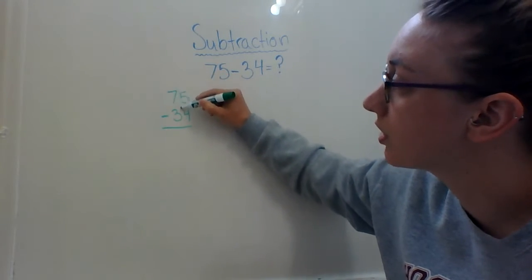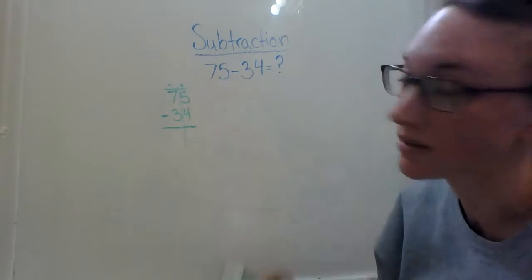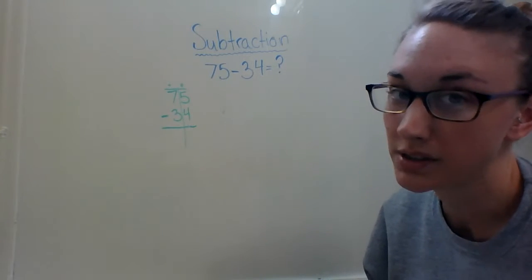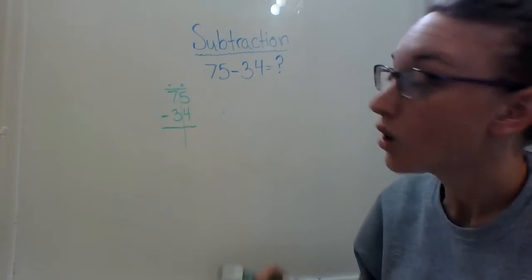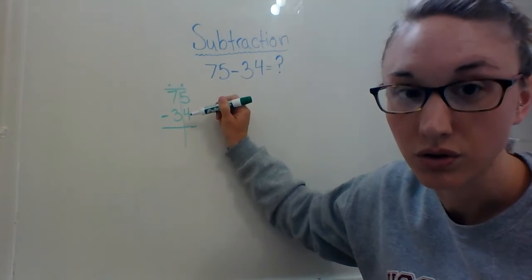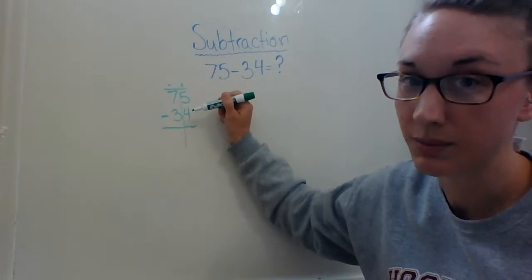Some of you like to draw your place value chart and have your ones and your tens there. If that helps you, go ahead and do that to make sure they're in the right places, okay? Now, for subtraction and addition, we always start with the ones place when we do the traditional strategy.